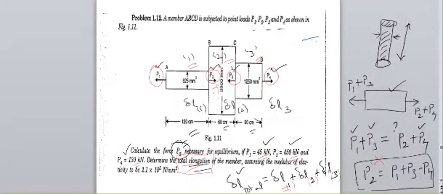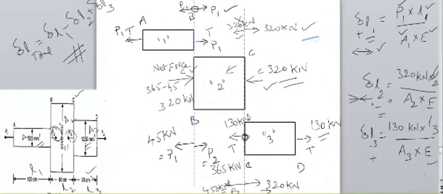So we have separated it. In the first portion, the force P1 is acting on the face A, and to balance the first portion, that is, to make it an equilibrium condition, we need to balance the force.